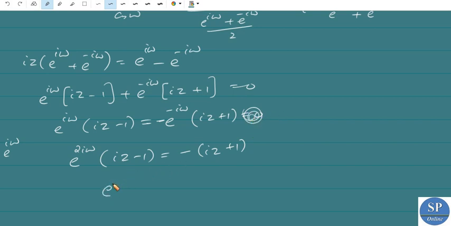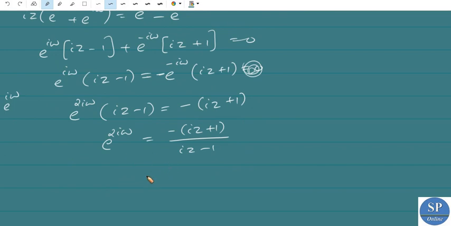So e power 2iw is equal to minus iz plus 1 divided by iz minus 1, or we can write this as 1 plus iz divided by 1 minus iz. That is e power iw whole square. Clear?